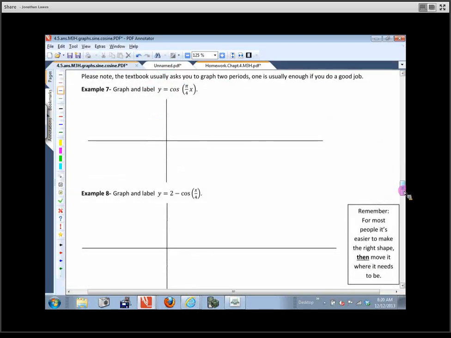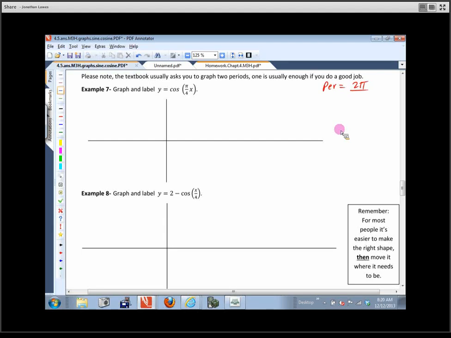This is y equals cosine pi/4 x. This looks like it's going to be more complicated, but let's think about this for just a second. I want to figure out what the period is. I take the old period, whatever that happens to be for the function, and I divide it by the period change factor. So for sine and cosine, which is all we have to graph in this section, the period is 2 pi, right?